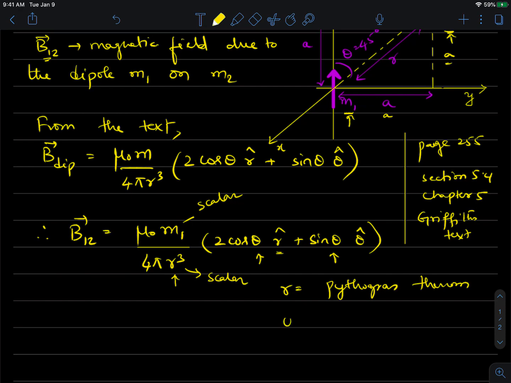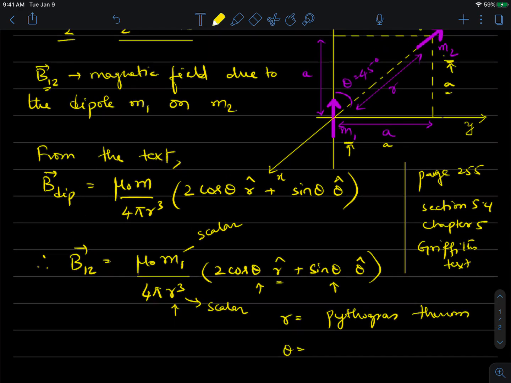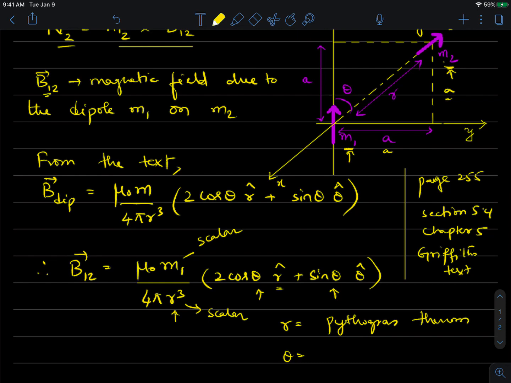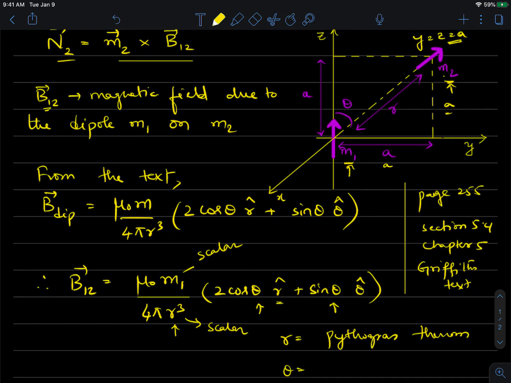And then theta is the angle made by m2 with respect to the z axis. I'll leave it for you to find out what theta is.